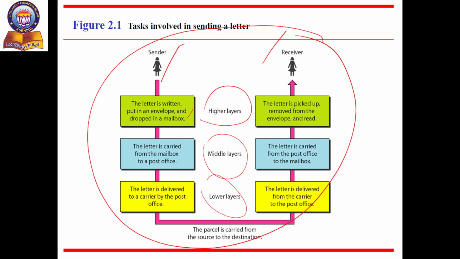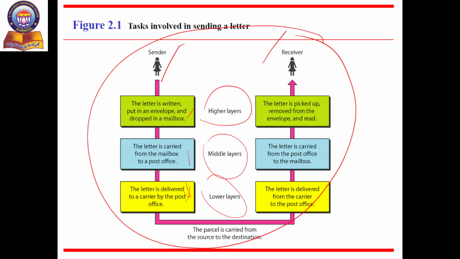This is the first process. Next, the letter is carried from the mailbox to the post office. That is the second process. In the post office, the letter is segregated area-wise, and that is the next process.